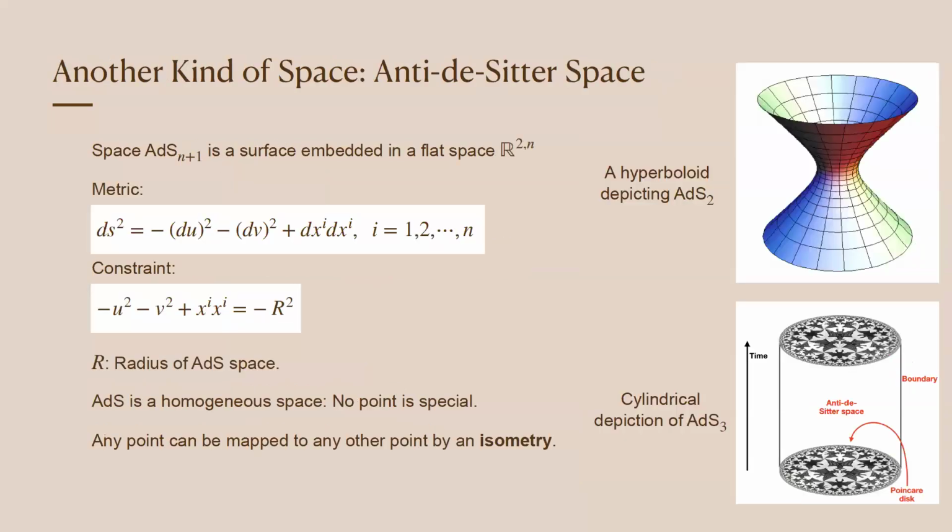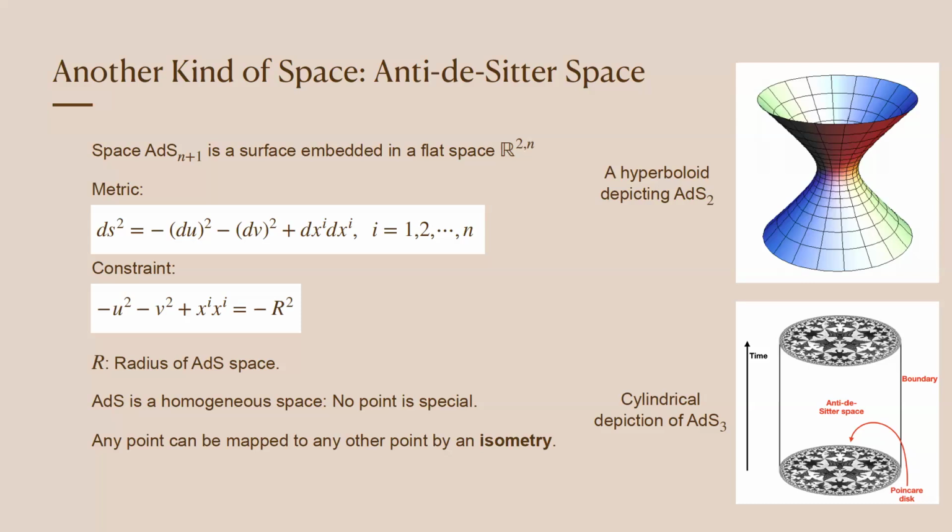Okay, now let's look at another kind of space. We looked at the flat Euclidean space, the Minkowski space. This space, denoted by this, is a surface embedded in a flat space given by this. So the metric of AdS n+1 is given by this.